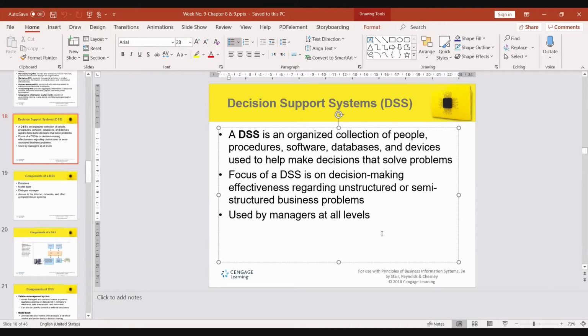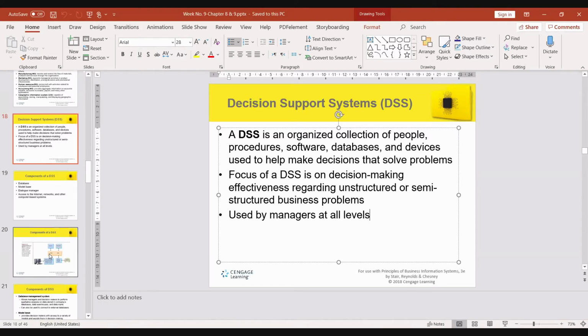As I gave you the example, if we want to know how many students will graduate this year, how many students graduated last year, how many students graduated in the last 5 years, how many students enrolled in the last 5 years. This kind of data is not easy to collect manually, but if you have a system, this system will give you this analysis and you can take some decision.